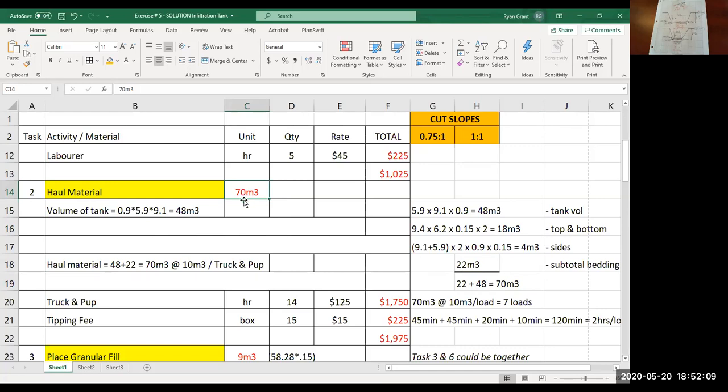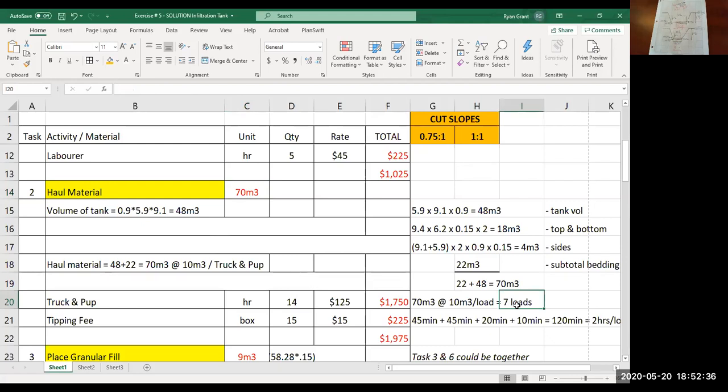The question tells us that our truck and pups that we're using to haul off can carry 10 cubic meters each. So 70 cubic meters of haul off at 10 cubic meters per haul unit gives us 7 loads, so that's here.